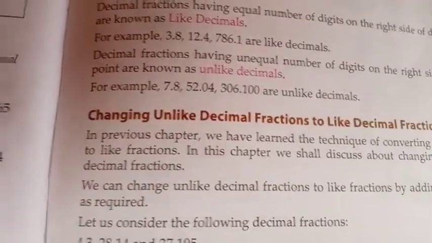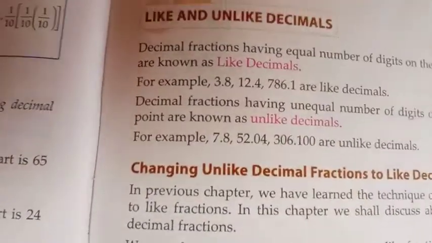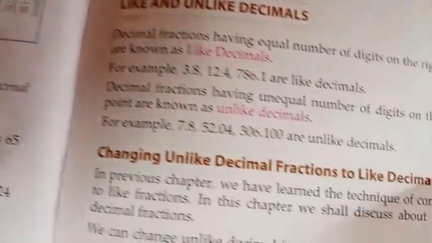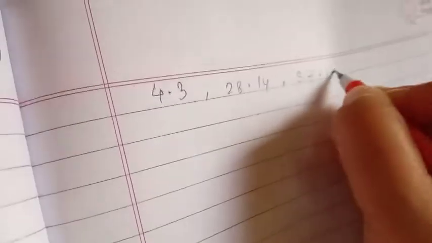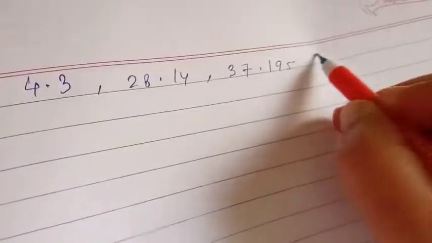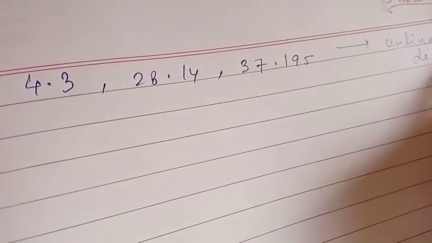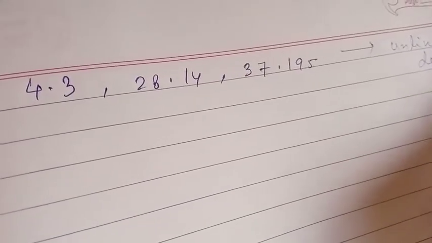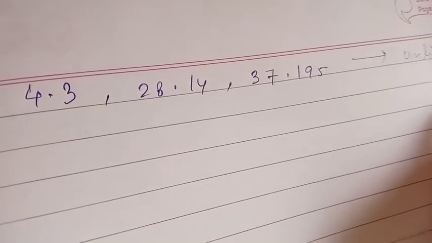Equivalent decimal means putting zeros at the end of the decimal number, which makes no difference in its meaning. So if you write 4.3, 28.14 and 37.195, how will we make them like? This is an example of an unlike decimal fraction.